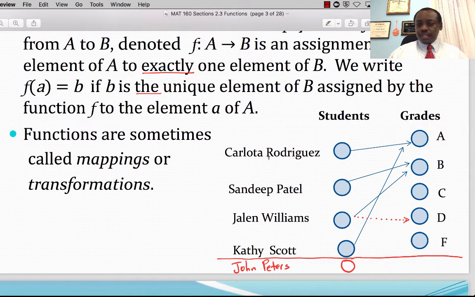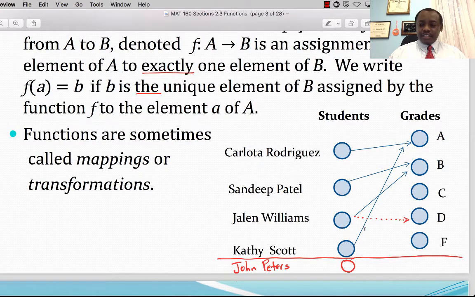You can see Rodriguez got an A, and Sandeep got a B, and Williams got a B, and Scott got an A. That is a function. All the elements from the set A have been used up. And wait a minute, I have some elements here from B that were not considered, like C, D, F. Is that a problem? No.